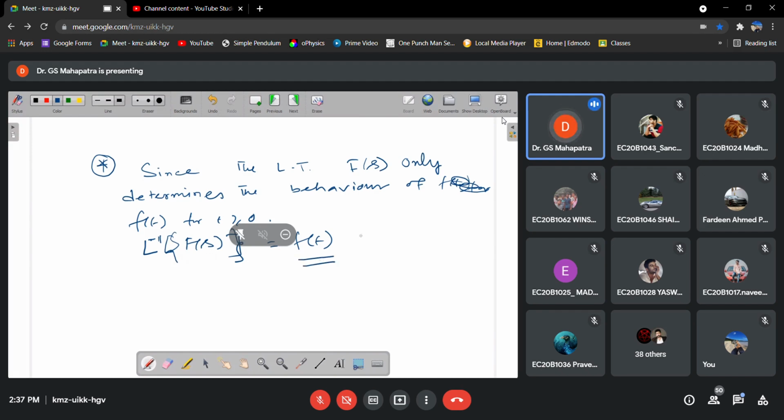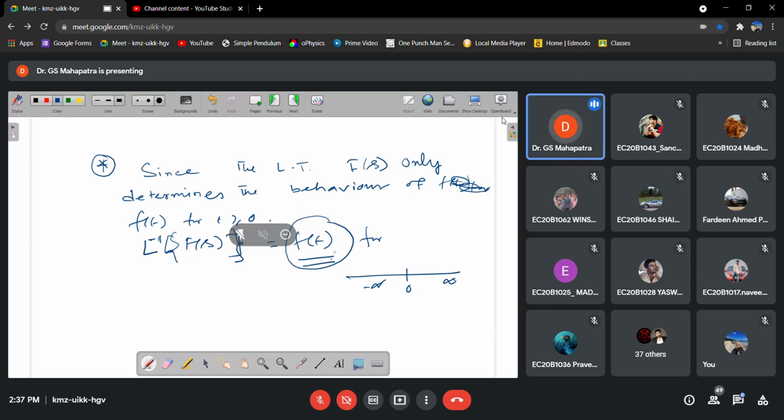This function may be defined in the whole region, that means minus infinity to infinity. So sin t, or f of t equals t square, can be defined from minus infinity to infinity. But since we have considered the Laplace transform from 0 to infinity, this function should also be defined from 0 to infinity.